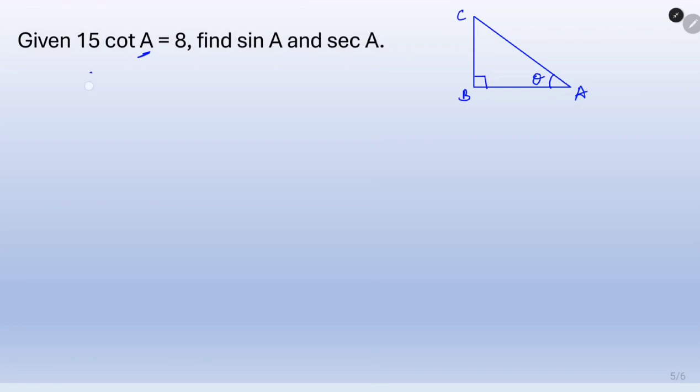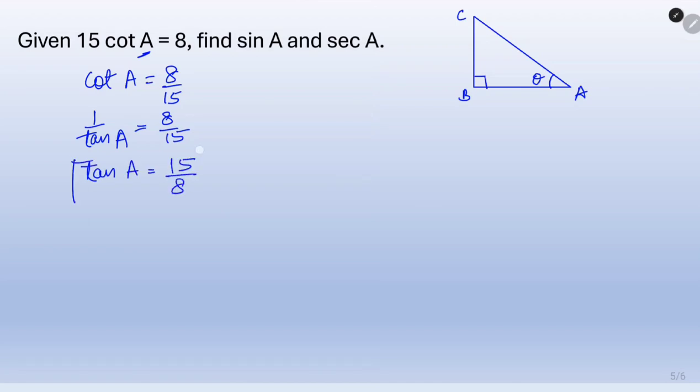So from this we can write cot A is equal to 8 by 15. And what is cot? Cot is 1 upon tan A, which is equal to 8 by 15. So tan A will be 15 upon 8. What is tan?